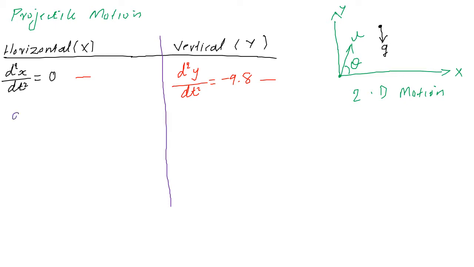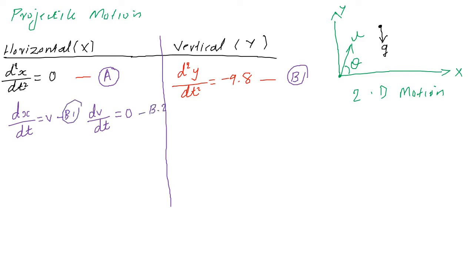We put dx by dt is equal to v, then we'll get dv by dt is equal to 0. Correct? Now you may call this equation A, which deals with the x motion, and you may call the other equation B. Now you may call this equation B1 and this B2.